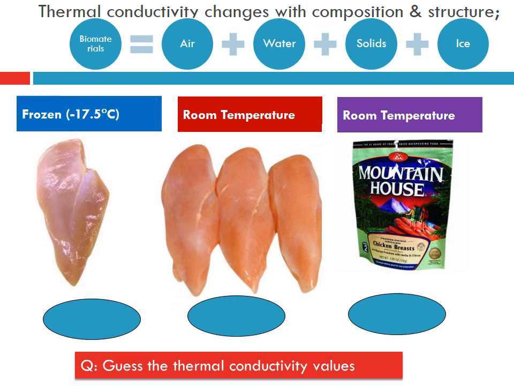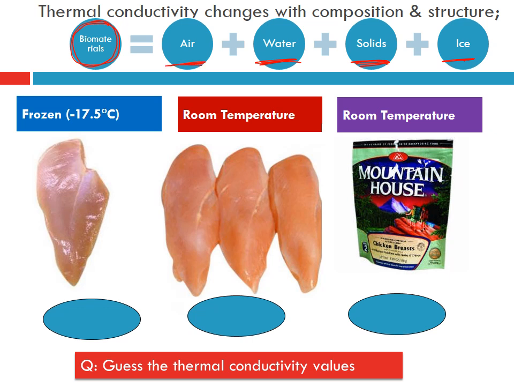So time for a little quiz. So if we think of a biomaterial to be made up of the ingredients, which would be some solids like the proteins or carbohydrates and water or ice, plus some empty spaces, air.